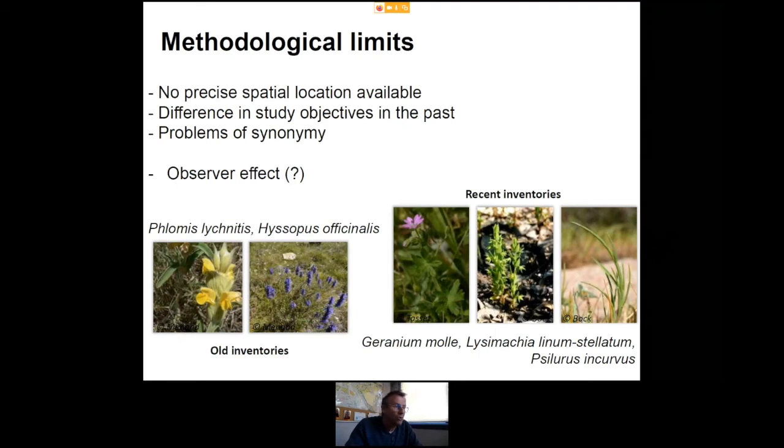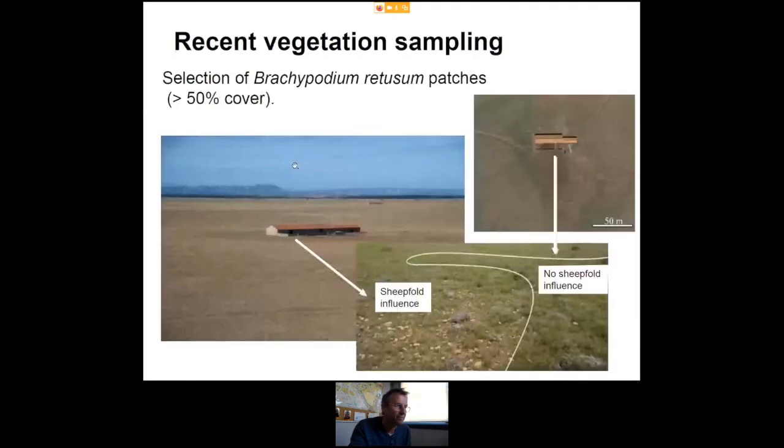We are able to detect even the smallest species, which is not really easy to recognize or to identify if you realize your inventories over several hundreds of meters, for example. So we have to take care about all this in the comparison, and of course about sometimes the problem of synonymy that we cannot solve easily.